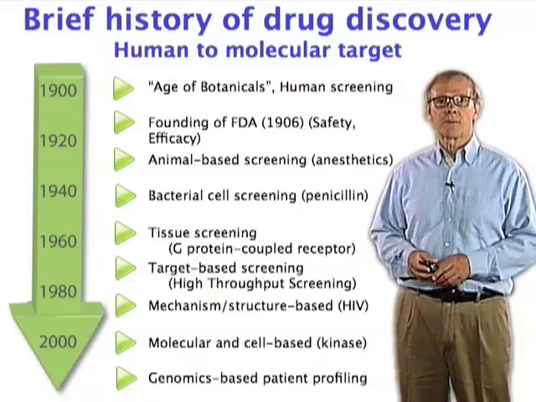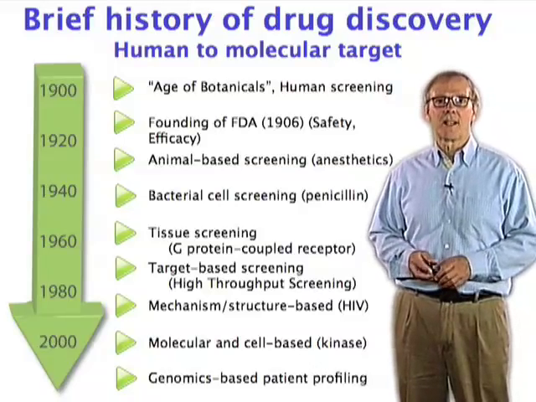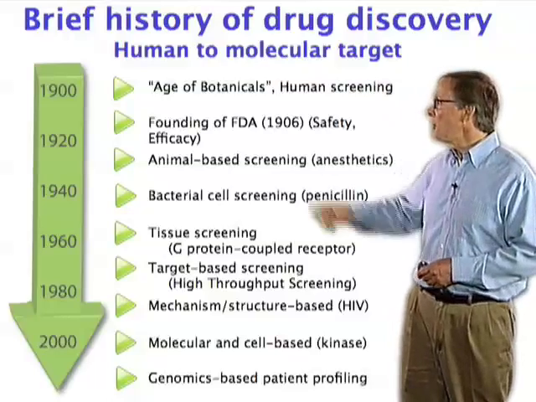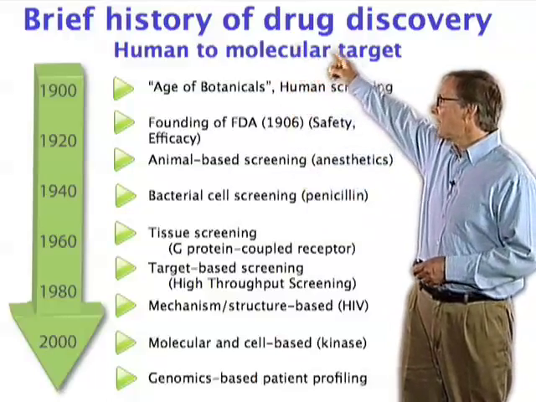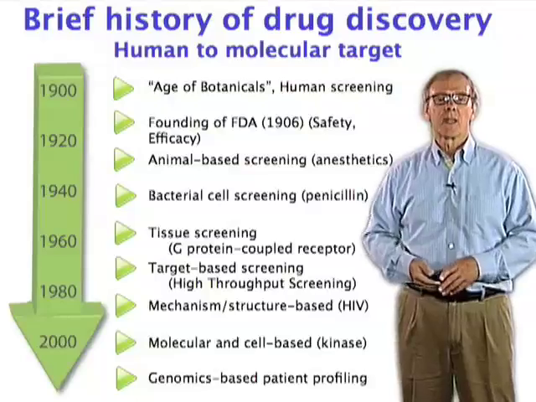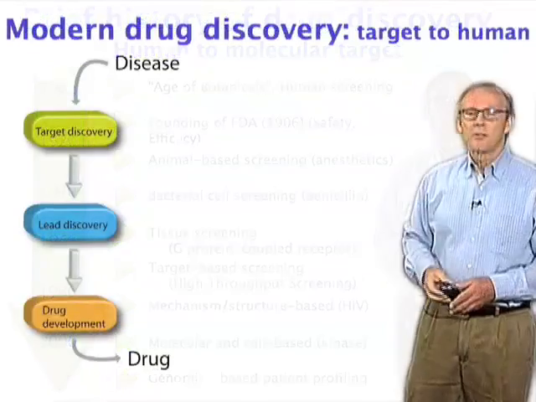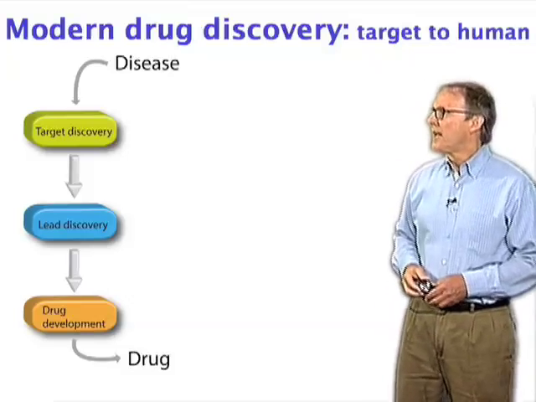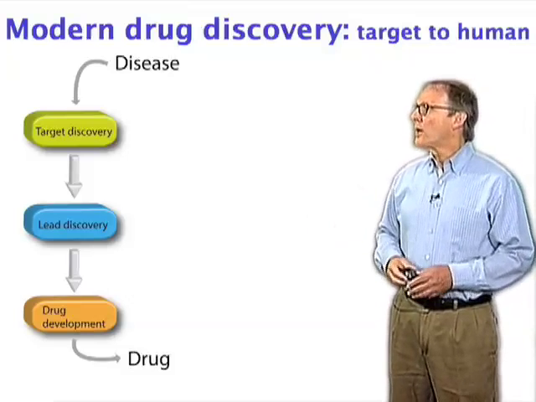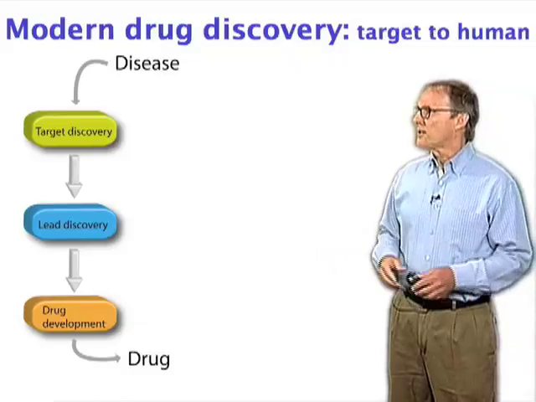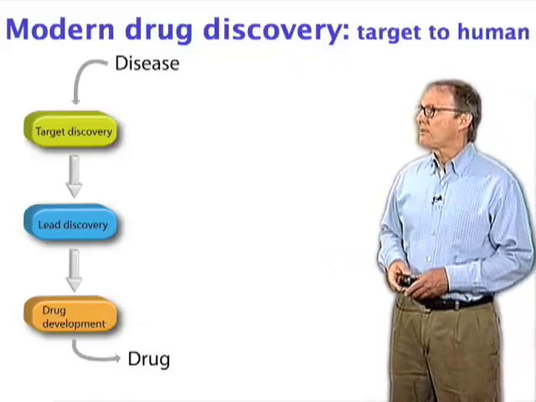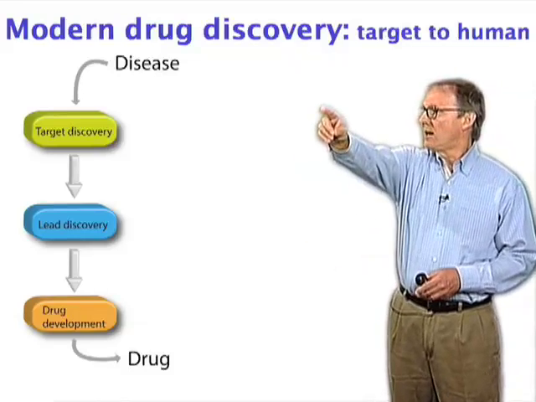So in fact, the history of drug discovery has gone from the human to the molecular target. And this now, in reverse, reflects what we actually do today. Shown on this slide is, in general terms, the modern drug discovery process. This process starts off with a disease.